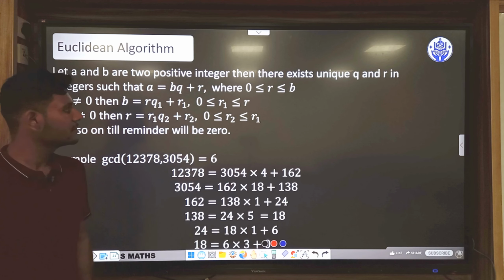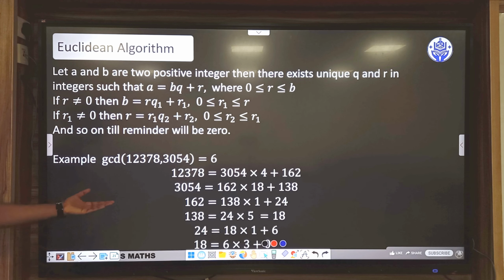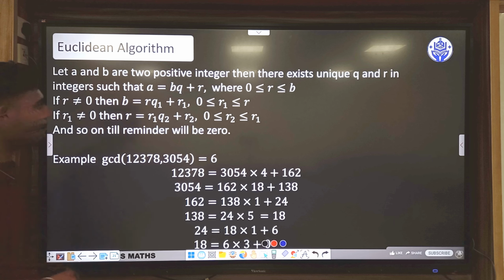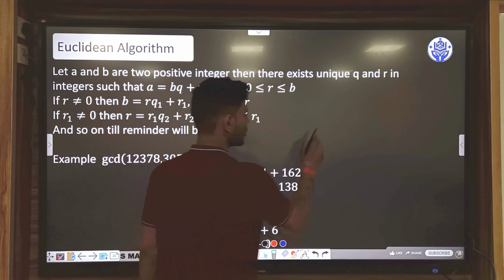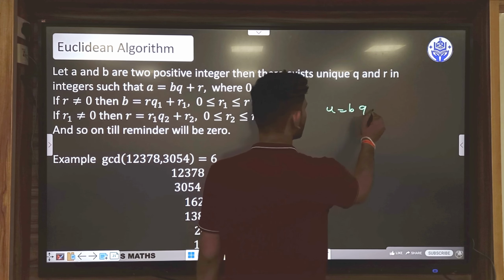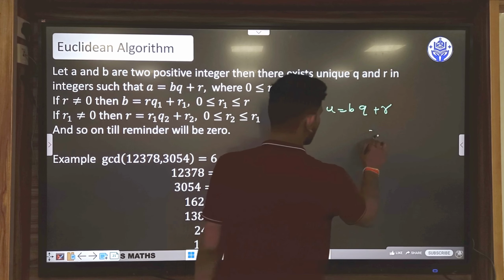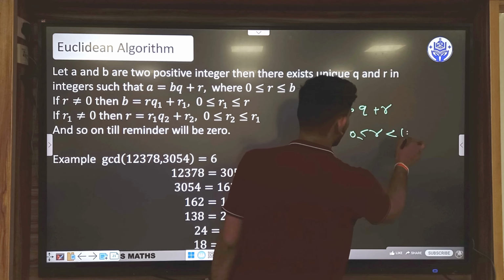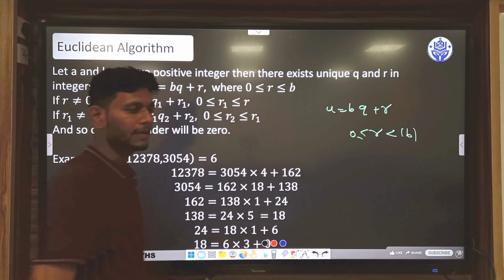Next we have the Euclidean algorithm, which is called the Euclidean lemma. What do we mean by Euclidean lemma? It is simply based on the remainder theorem. A is equal to BQ plus R, where R is from 0 up to mod B, if I take the extended theorem.